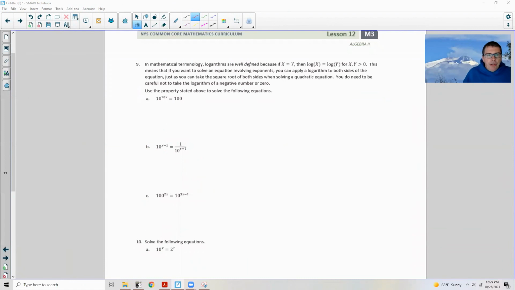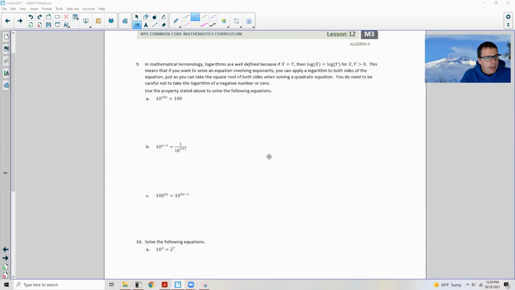Okay, now we're getting into the nuts and bolts of logarithms, and it's really cool how this works. It says in mathematical terminology, logarithms are well defined because if x equals y, then the log of x has to equal the log of y.